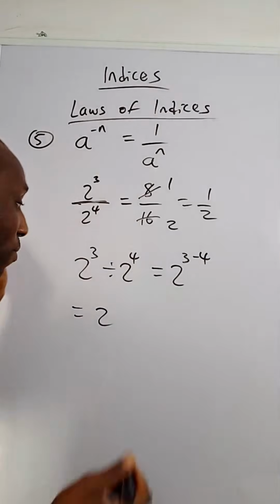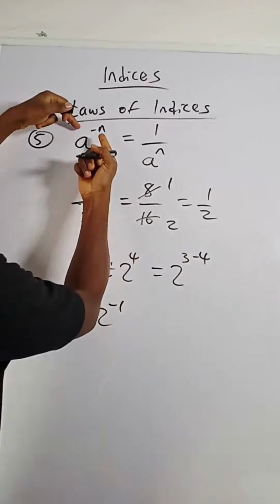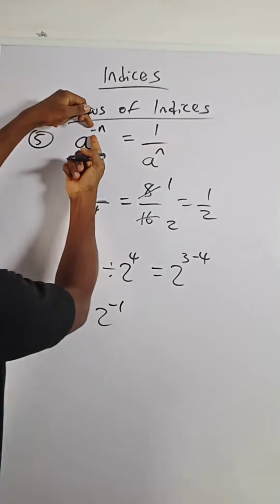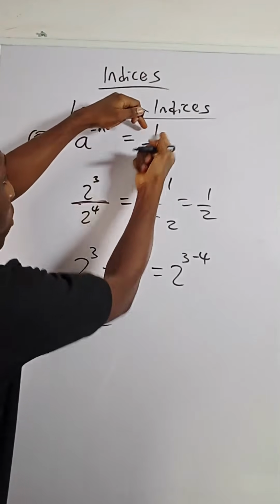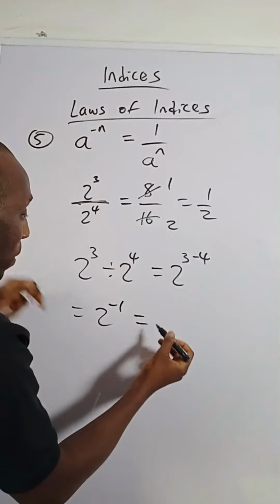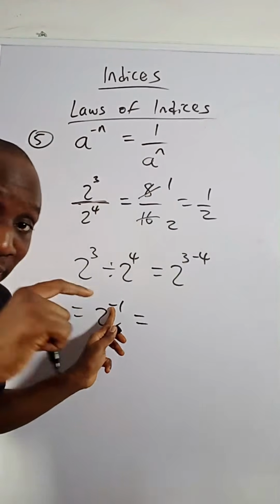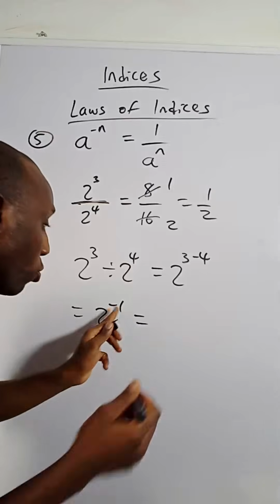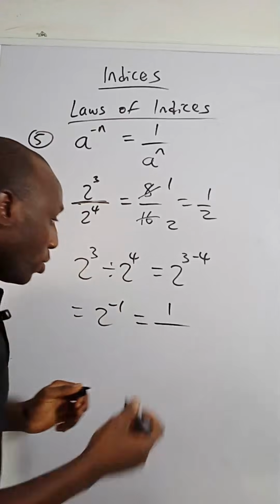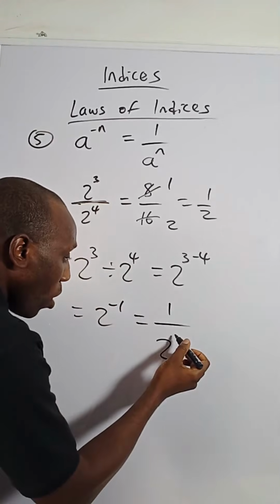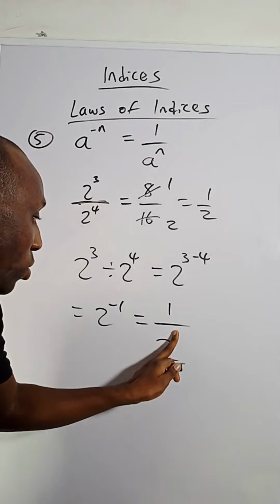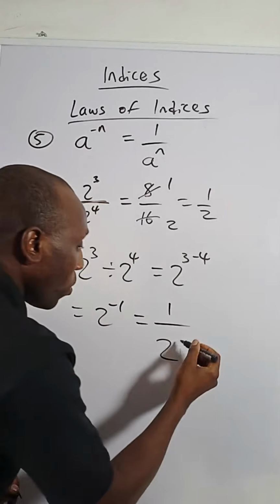That's negative 1. If you now bring in this negative index law, see what I have. If you have a negative index, it will become 1 over a raised to the power n. So the negative sign attached to the index will be 1 over 2 raised to the power of 1, or just 1 over 2, which is the same thing as what we got here.